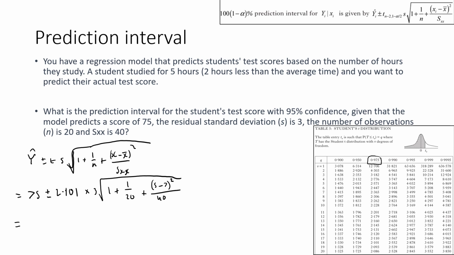And then you would just find the range, which is 81.76 and 68.24. So we predicted 75, but it can range from up to 81 and down to 68, roughly.